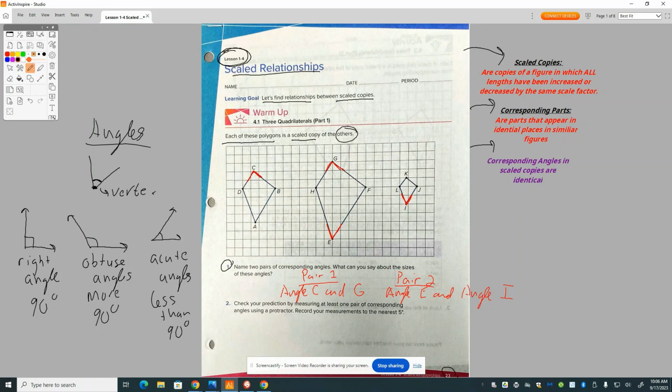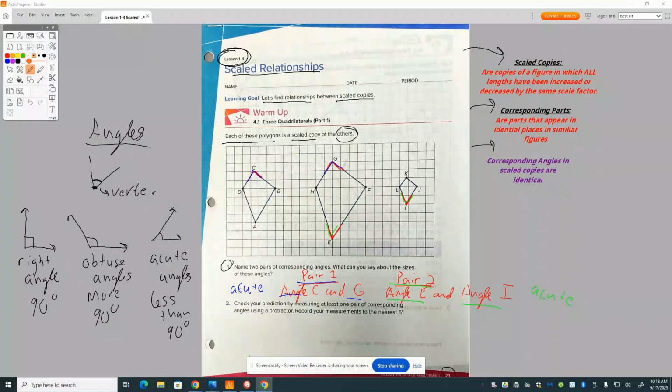If I look at my first pair of corresponding angles, I can notice that those two angles would be acute because they appear to be less than 90 degrees. If I look at my second pair of corresponding angles, angle E and angle I, I notice that those also appear to be acute. So the two pairs of angles I've chosen are both less than 90 degrees.